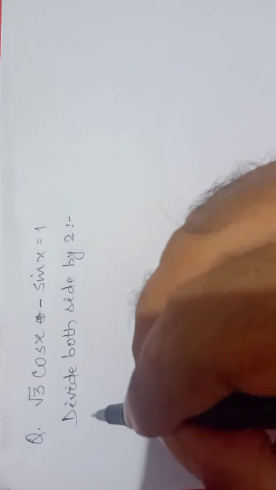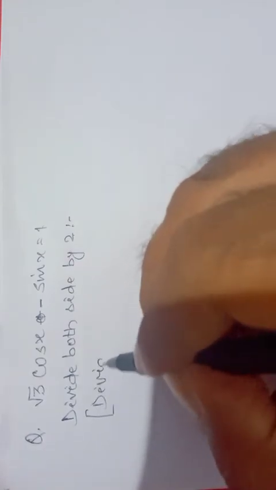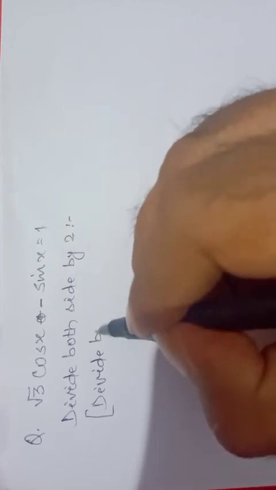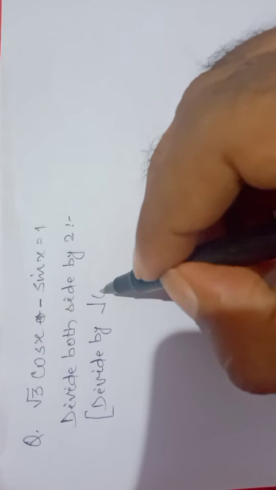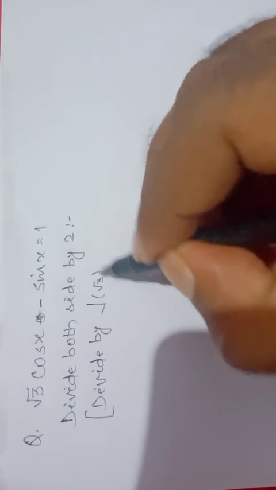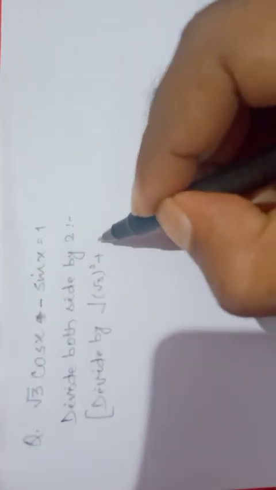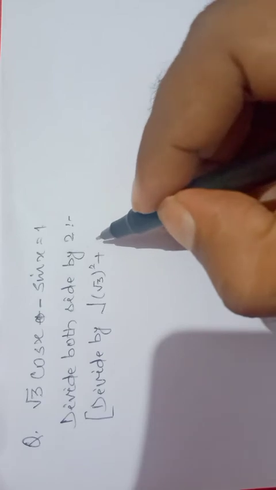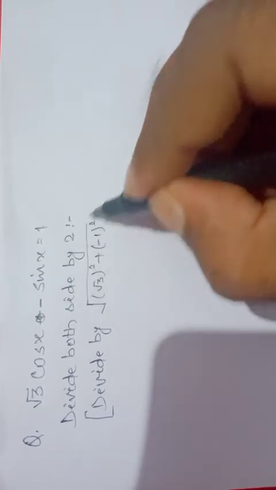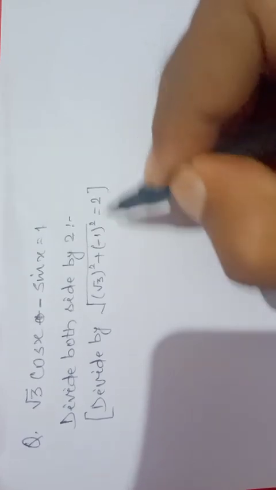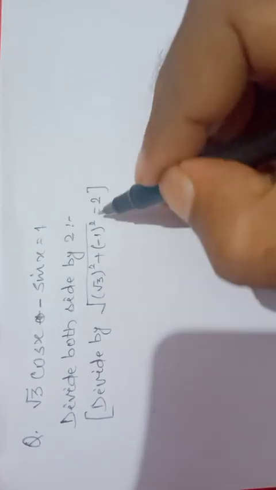The procedure for such type of problems is to first divide by the square root of coefficient of cos x squared plus coefficient of sin x squared, which is minus 1 squared. 3 plus 1 is 4 and its square root is 2.